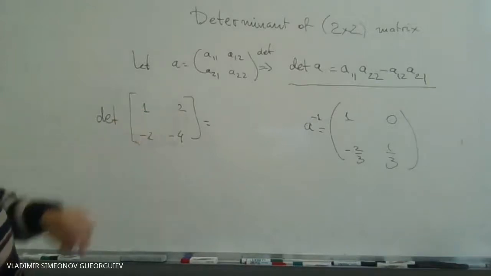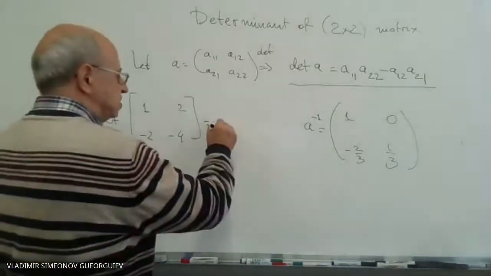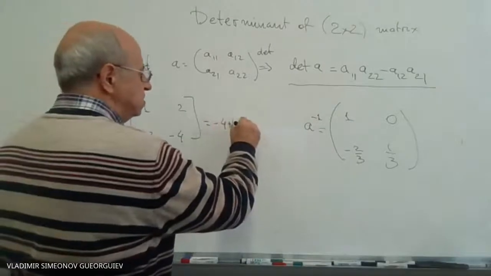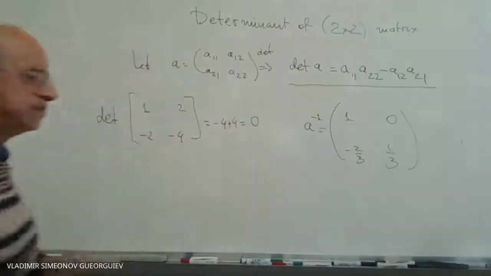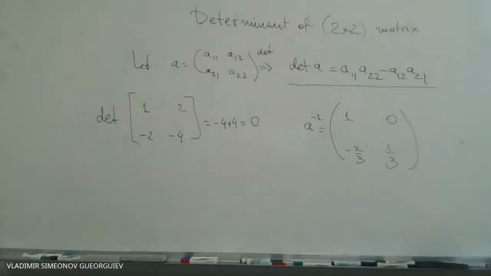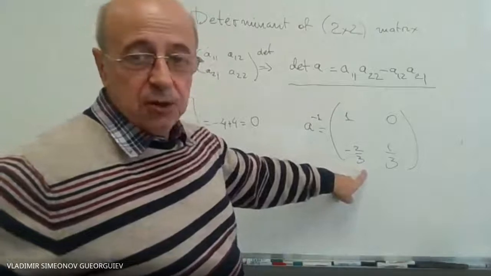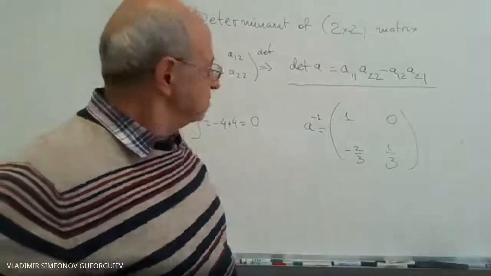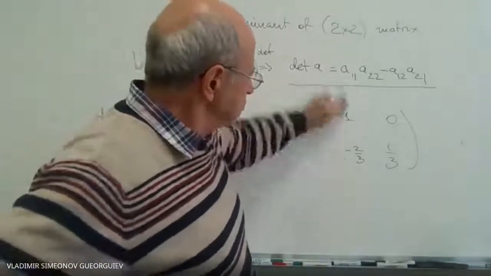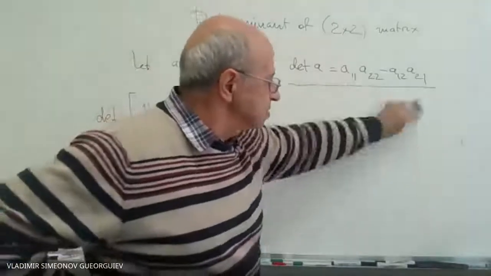Minus 4 plus 4, this is the result, exactly 0. Question: can we find the inverse in this way? Because we have doubts that if this number appears in some denominator, we have big problems. Let us try to compute the inverse of this matrix.